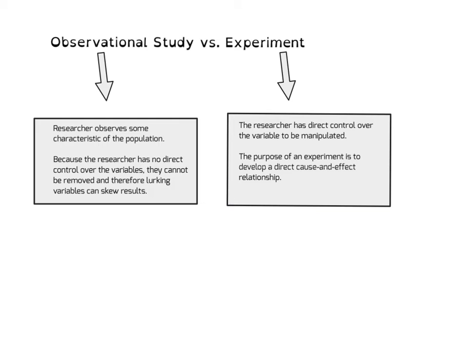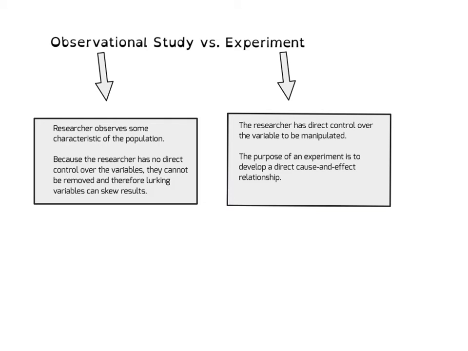Then in an experiment, the researcher has direct control, which means they have influence within the actual experiment itself. In particular, they can randomize people to different groups or give treatments to different groups. The purpose of an experiment is to see if there is a direct cause and effect relationship between two variables.